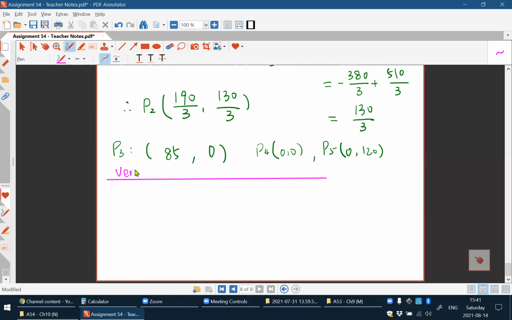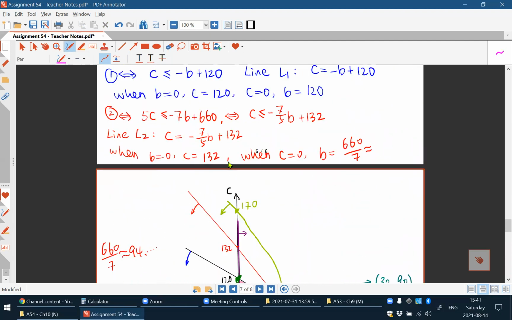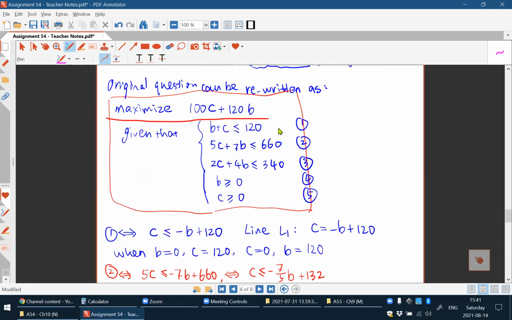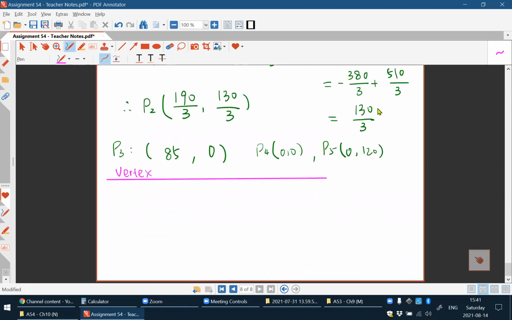Okay, first column, vertex. Second column is the target function, which is 100C plus 120B, right? First vertex P1, coordinates 30, 90. Second, P2, coordinates 190 over 3 and 130 over 3.